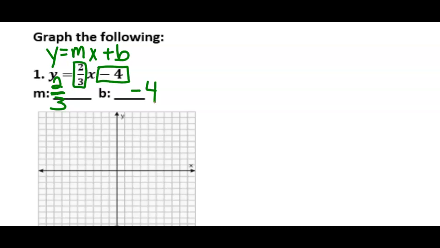So now, our rules on page 1 said, identify the slope and the y-intercept. We did that. Remember, our slope is always our rise over our run, and our b is always our starting point. We can remember that because b comes before m in the alphabet, and we have to have some place to move up and down from.